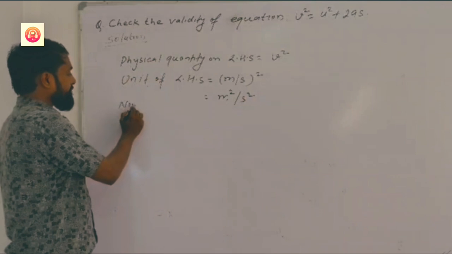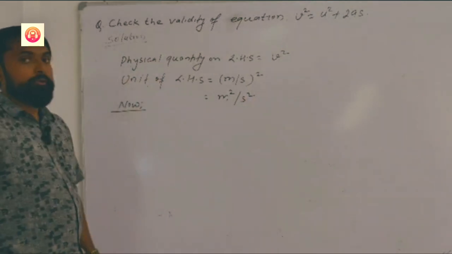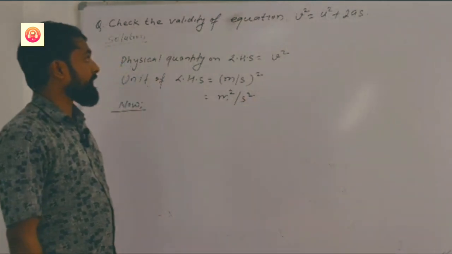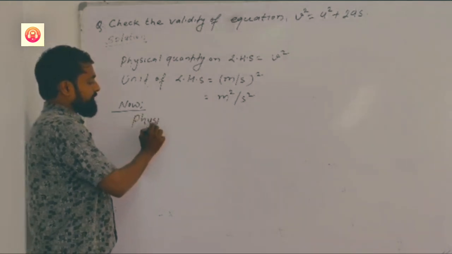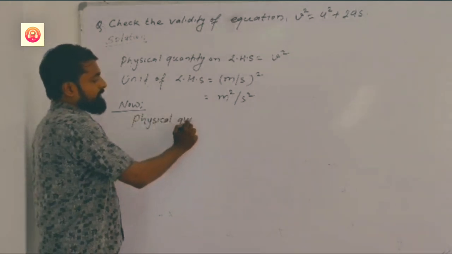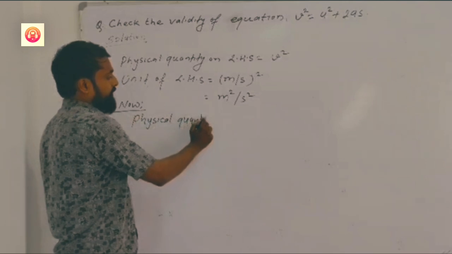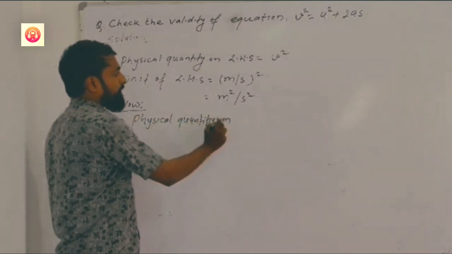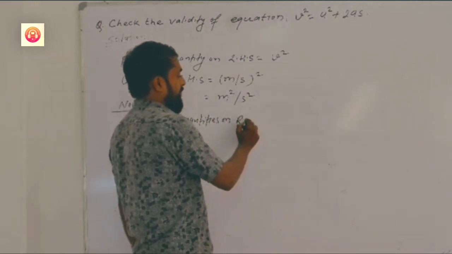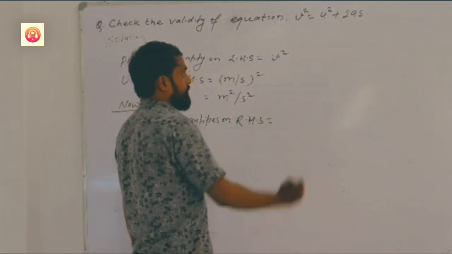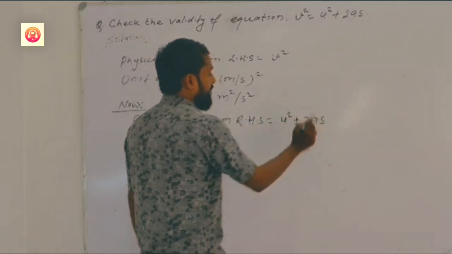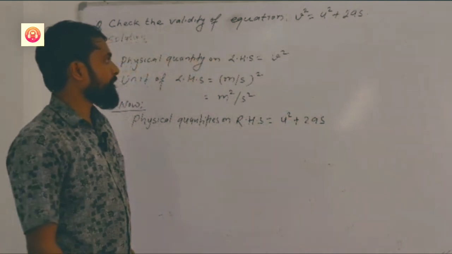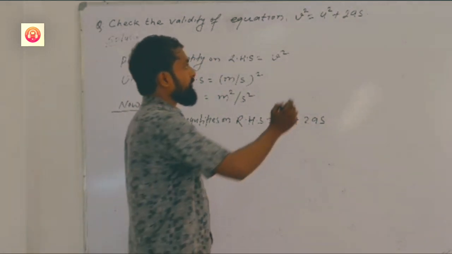Now, the physical quantities on RHS: u square plus 2as. Here it must be clear.